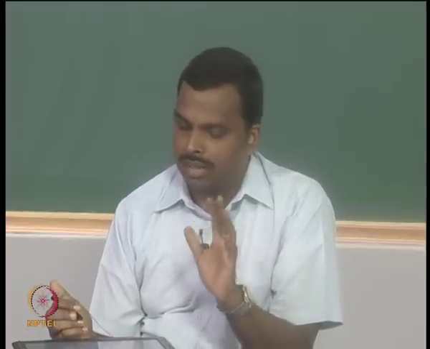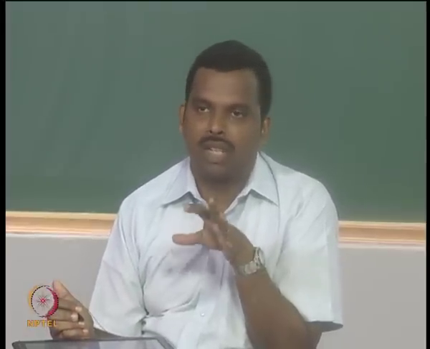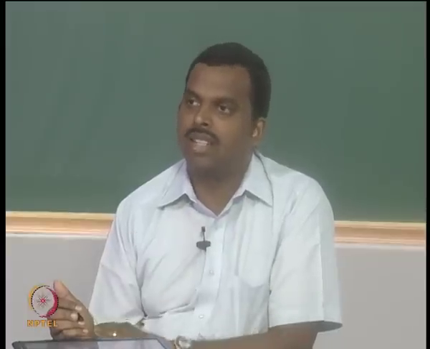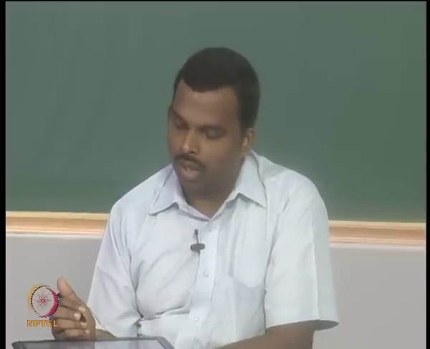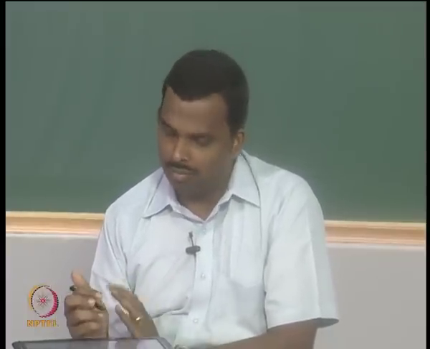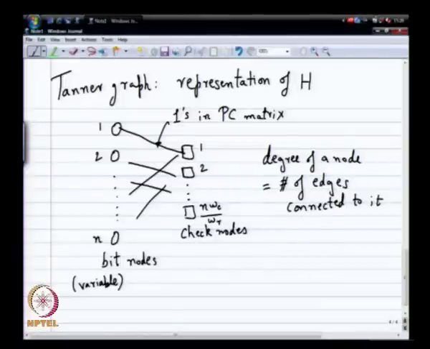Okay. So that is the main utility of the Tanner graph. The decoders are described very nicely in the Tanner graph. Okay, other than that, it is just an entity. Of course, today there is a general area called inference in graphical models. It is a very popular area, and a lot of people are doing work on it.